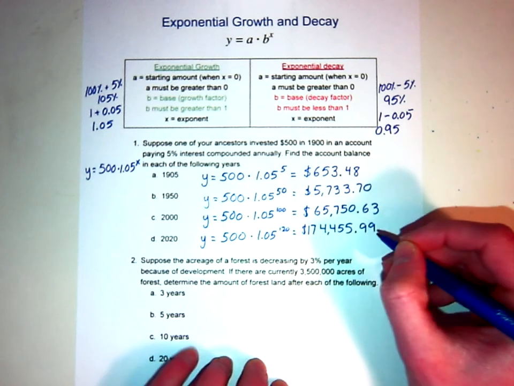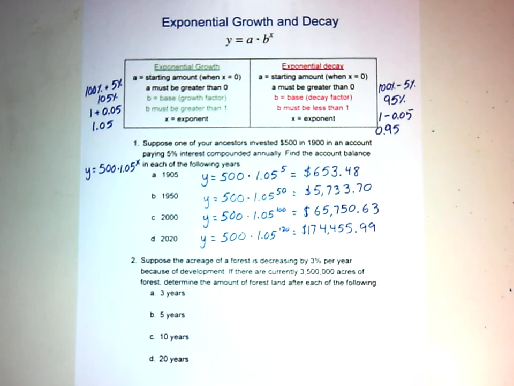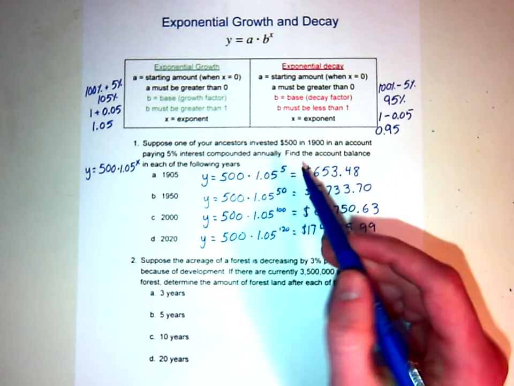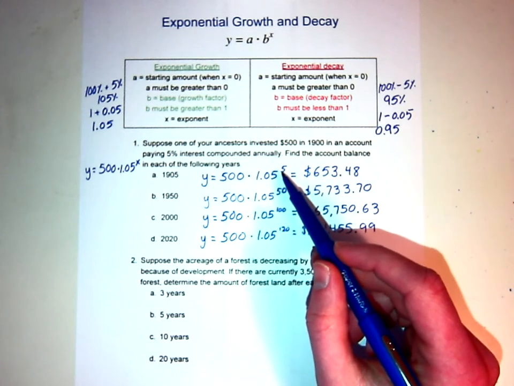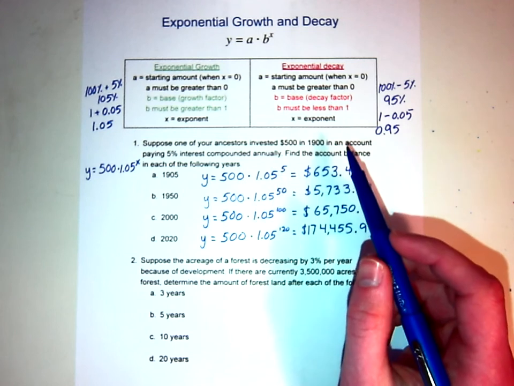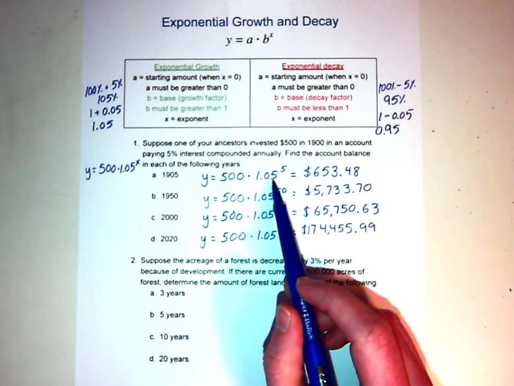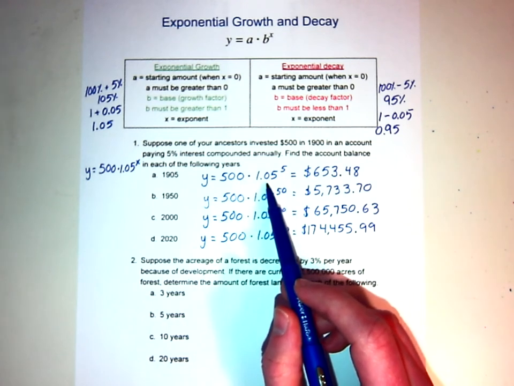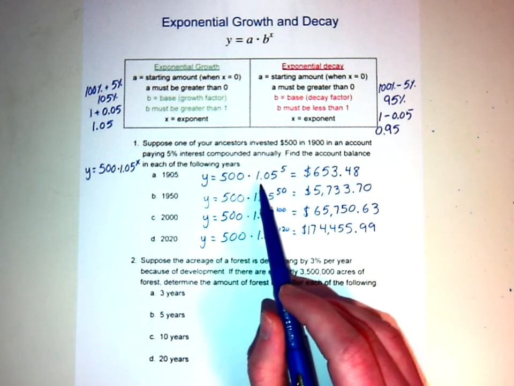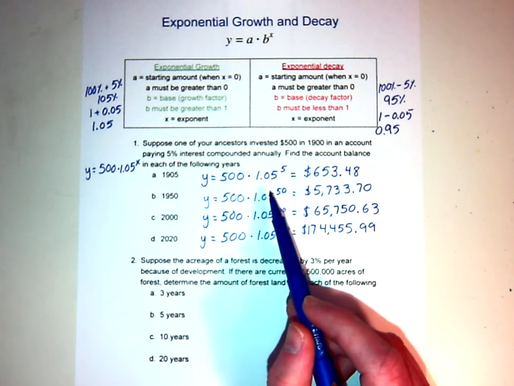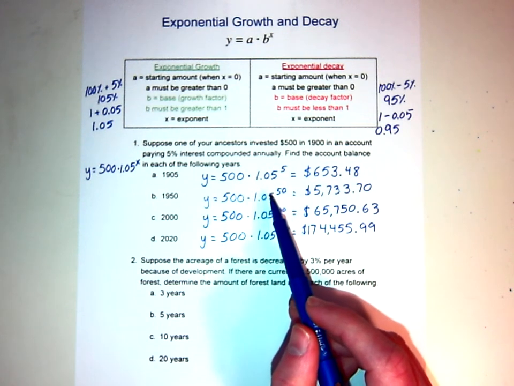174,455.99. Okay. So we see this, clearly as this exponent got larger, it quickly grew. And the smaller the growth factor is, the slower it's going to grow. So bank accounts these days, they're not paying you 5% interest annually for the money you have in your account.